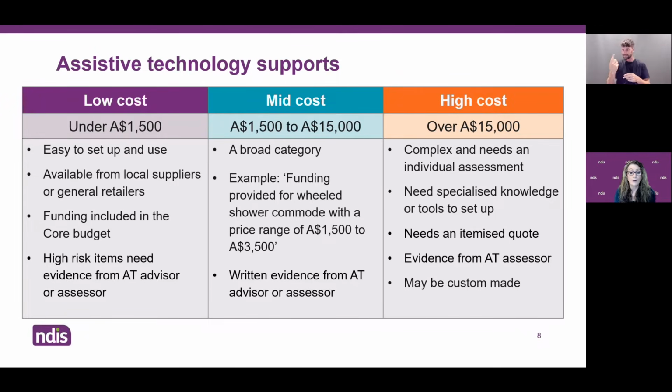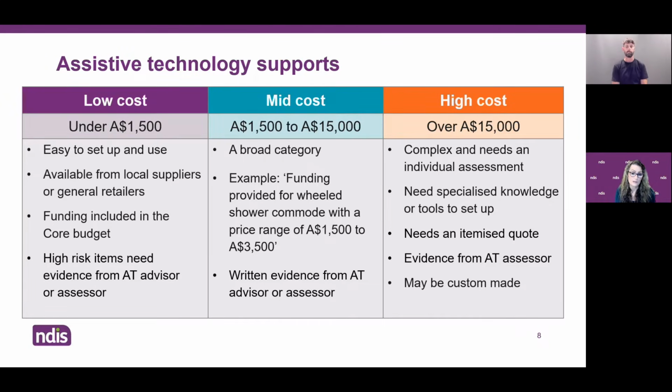High-cost items are complex and need individual assessments to make sure it's the right solution for the participant's needs. They need specialised knowledge or tools to set them up. They may be custom made for a participant's individual needs and need a quote so that we can include the right amount of funding in the participant's plan.